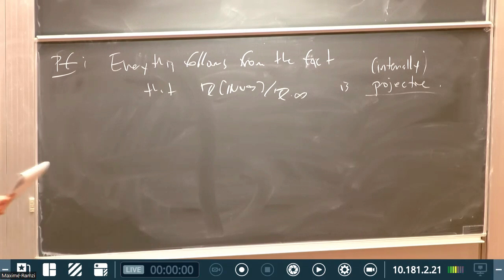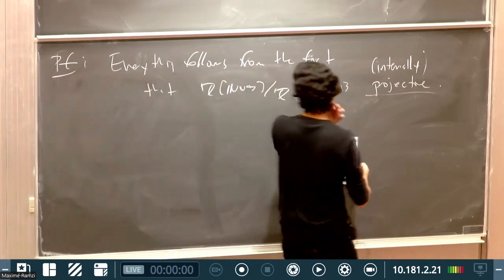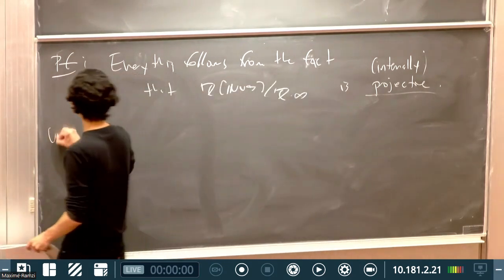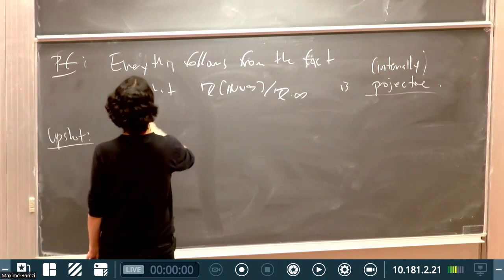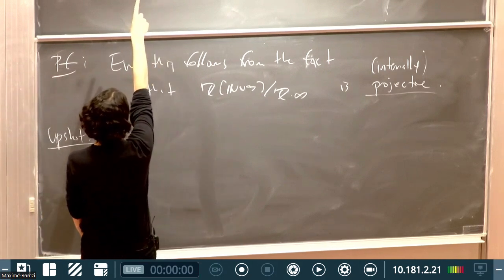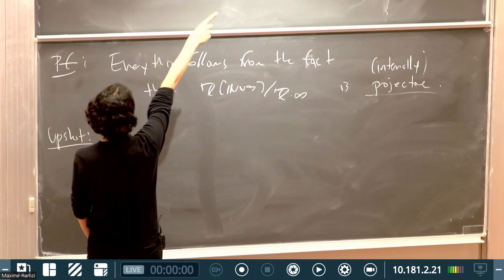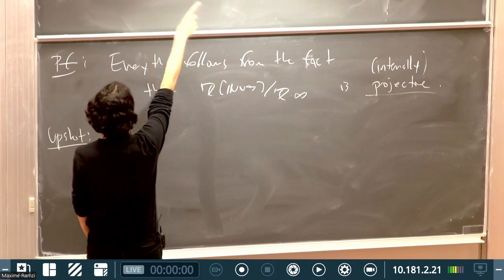Okay. Right. So what's the upshot of this? Well, that's a nice category, abelian and so on. It's got basically all the good properties of a sheaf of abelian groups category.